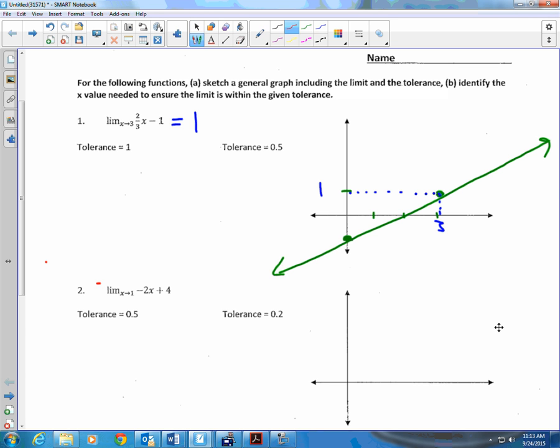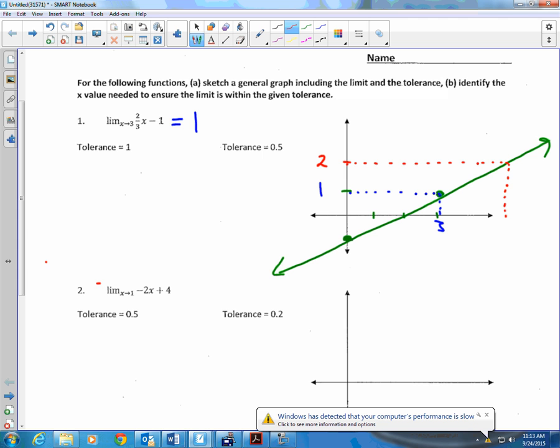So we now want to figure out what the x values have to be so that we are within a tolerance of 1. If I go 1 unit up, what would we be at? 2. And if I was 1 unit down, I'd be at 0.